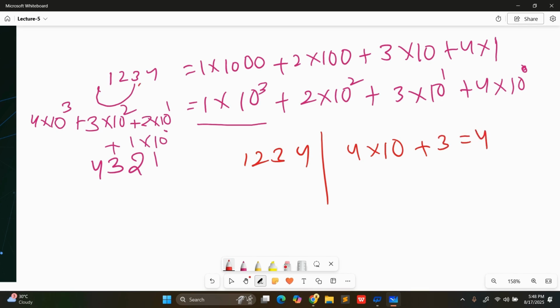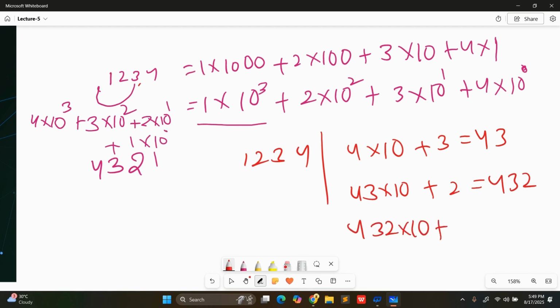So we got 43. Again I am multiplying with 10, plus the remainder 2, 432. After that 432 into 10, plus the remainder 1, 4321.